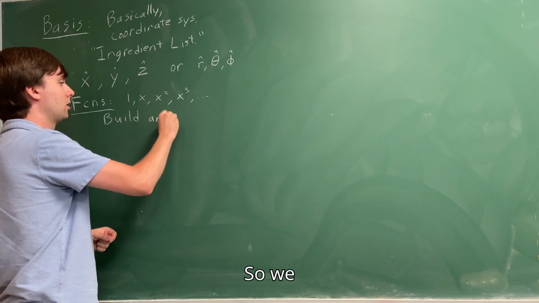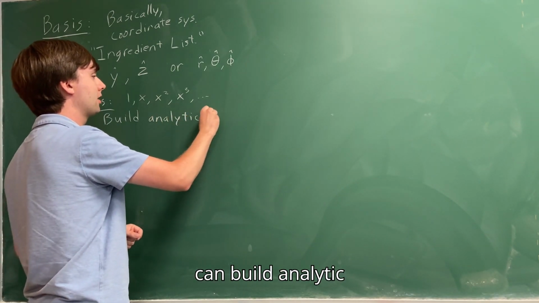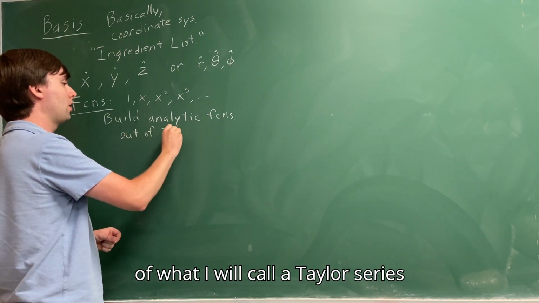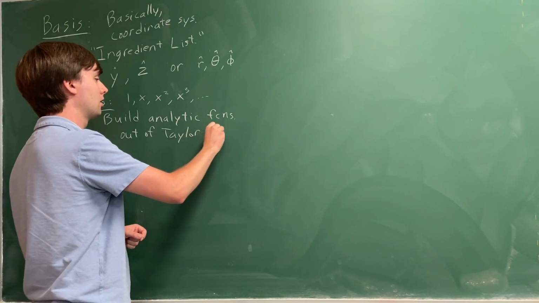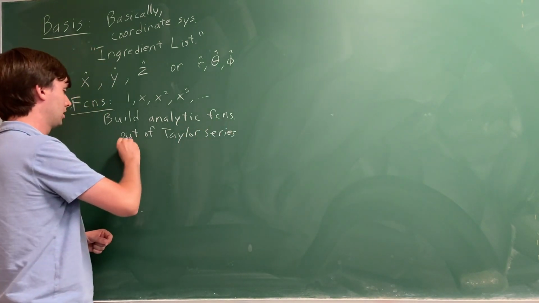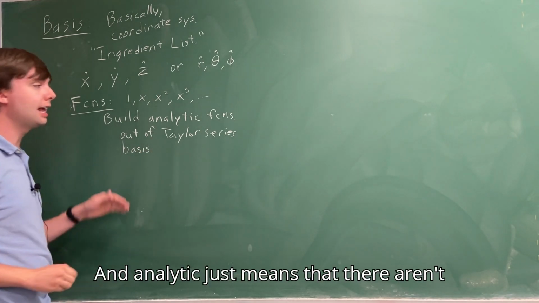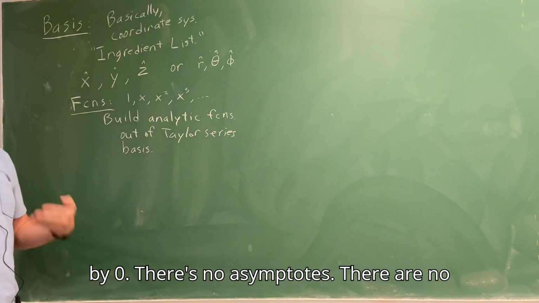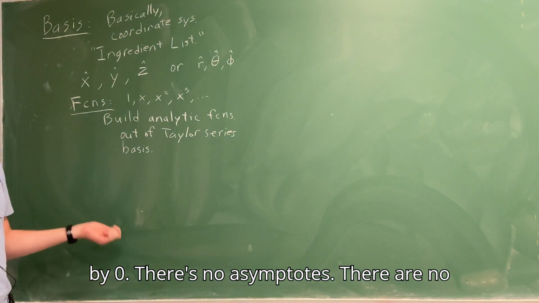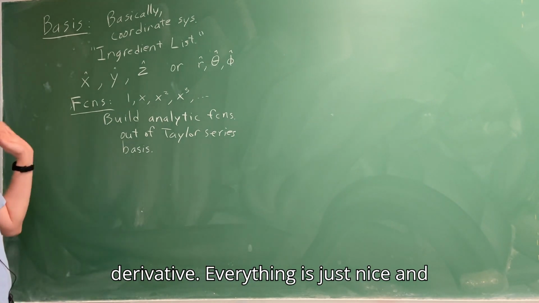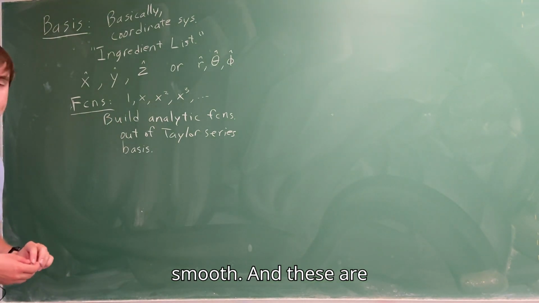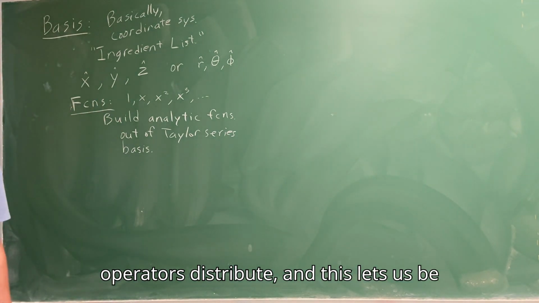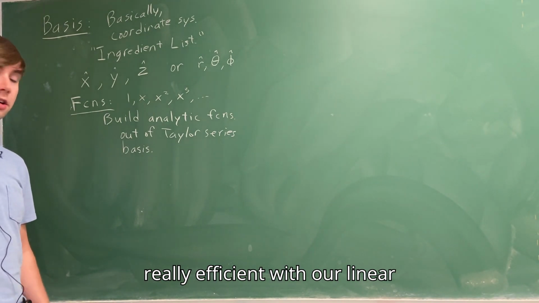So we can build analytic functions out of what I will call a Taylor series basis. And analytic just means that there aren't any holes. There's nowhere where I divide by 0. There's no asymptotes. There are no hard corners where I can't take a derivative. Everything is just nice and smooth. And these are important because linear operators distribute, and this lets us be really efficient with our linear operators.